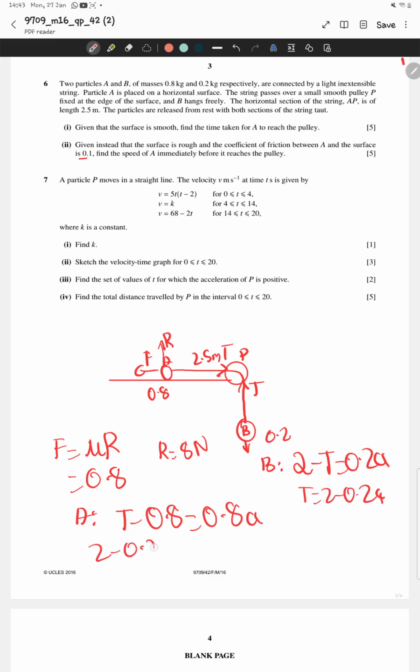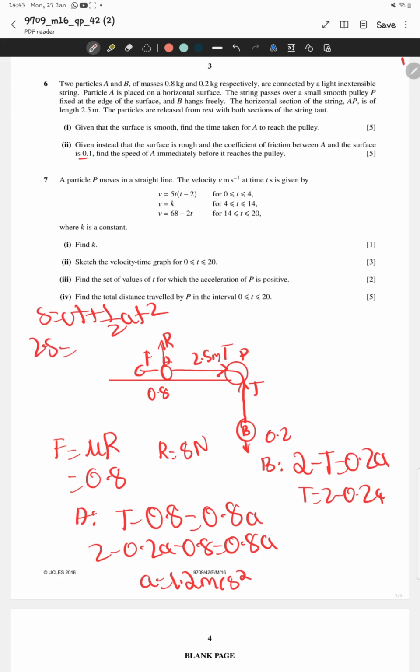So 2 minus 0.2a minus 0.8 equals 0.8a, and acceleration will be 1.2 meters per second squared. And you just use the same formula, s equals ut plus half at squared. Distance remains the same, u is 0, so half into 1.2 t squared, and you get the time.